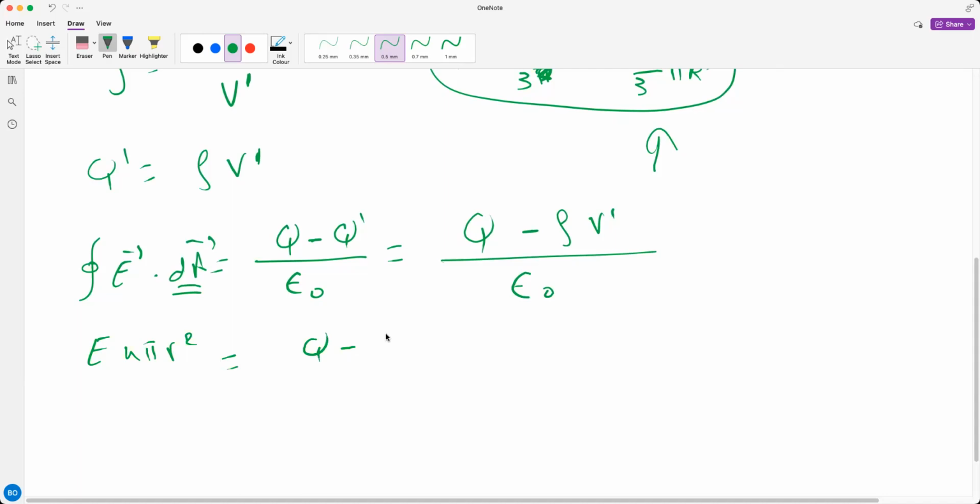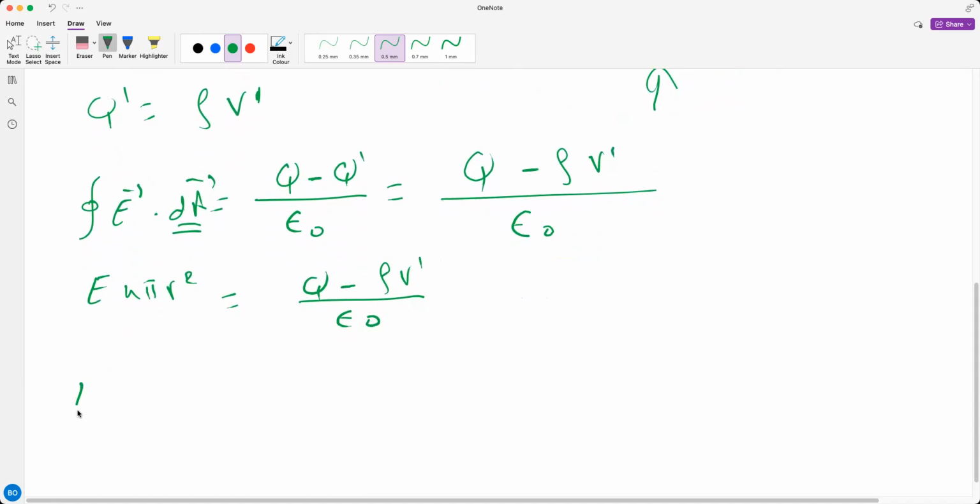This is equal to Q minus rho V prime over epsilon 0. Now, the electric field at any point r will be Q minus rho V prime over epsilon 0, divided by 4 pi r squared. Any question?